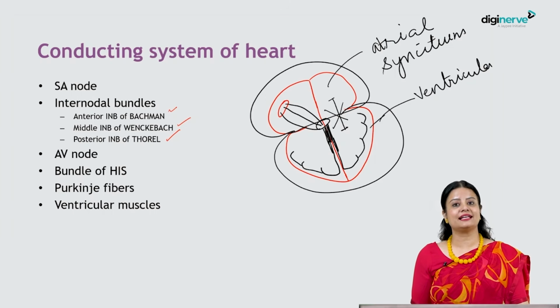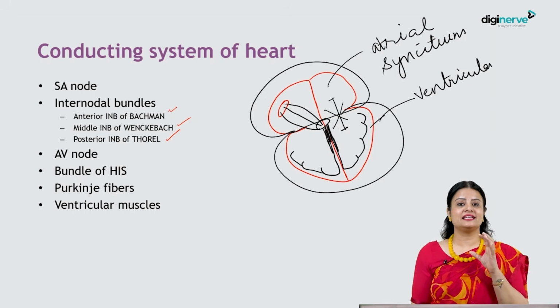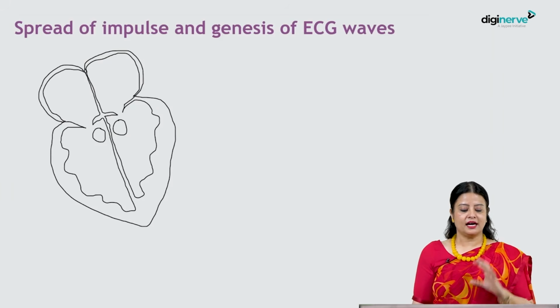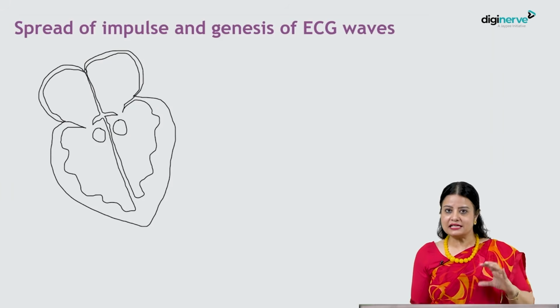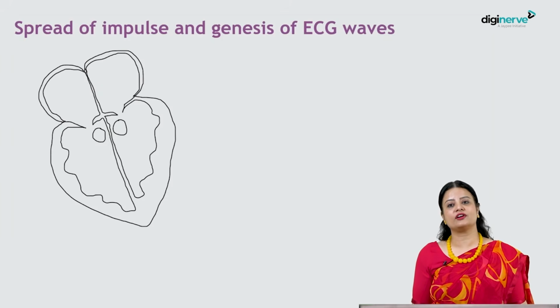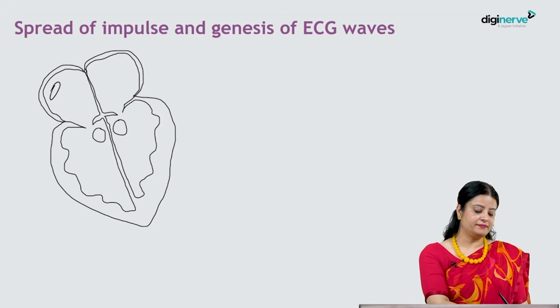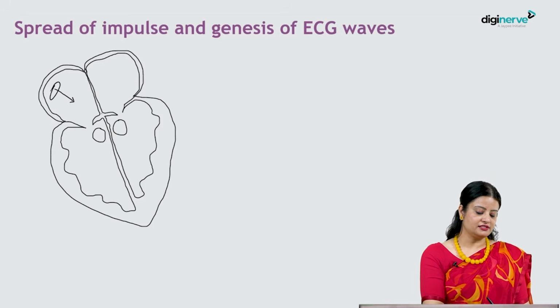As we know that the electrical impulse is generated by the SA node, this means the first part to get depolarized should be the atria. So now let's see how this impulse spreads in the cardiac muscle and how it results in the genesis of the various ECG waves. So now when the impulse is generated by the SA node, it travels to the AV node through its three bundle branches.